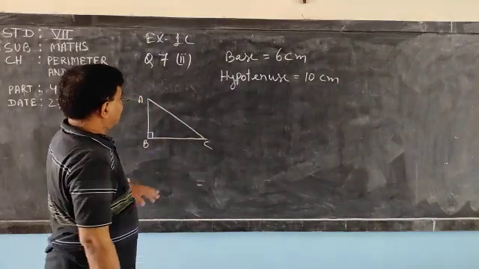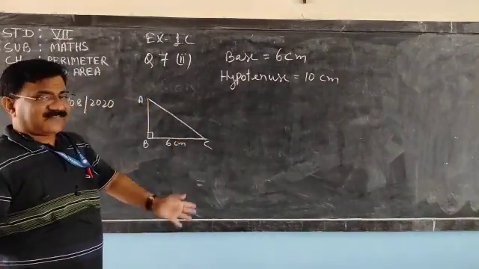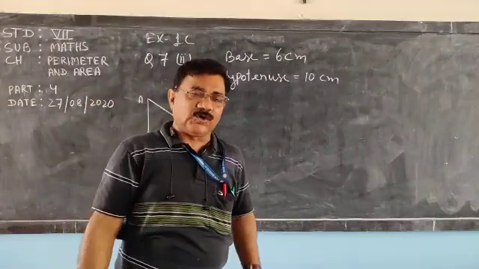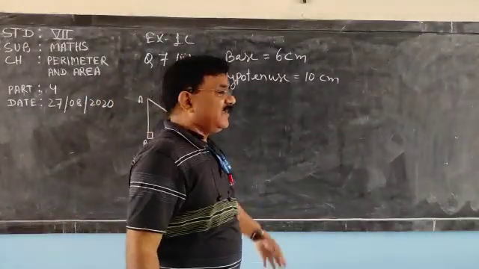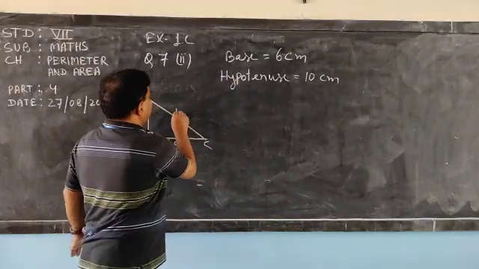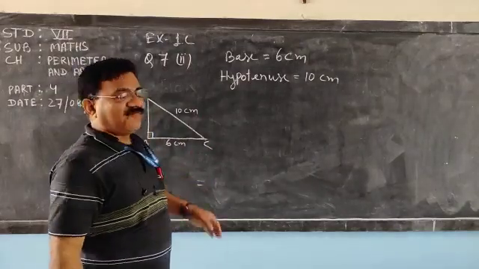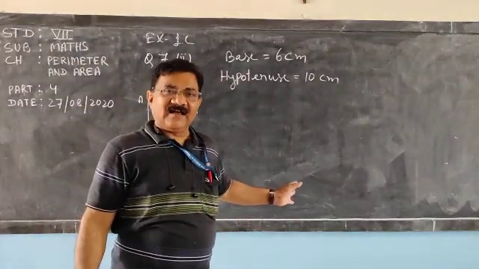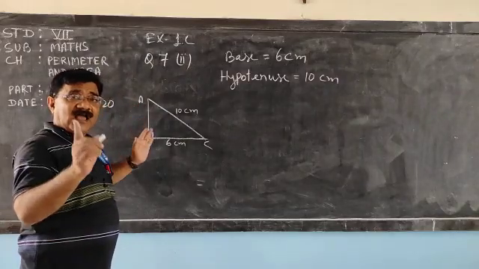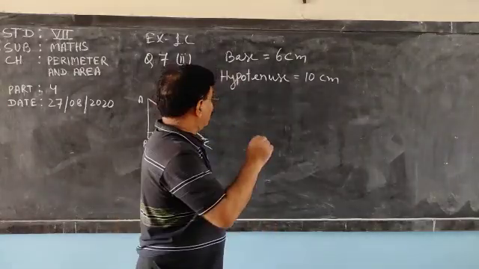This is the base, 6 centimeter, and this longest side in a right angle triangle, the side opposite to 90 degree, is the hypotenuse, and this hypotenuse is 10 centimeter, and you are asked to find the area. First we will find the height, this perpendicular, and we will use which theorem? Pythagoras theorem.